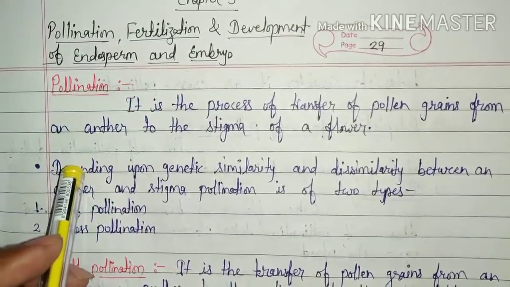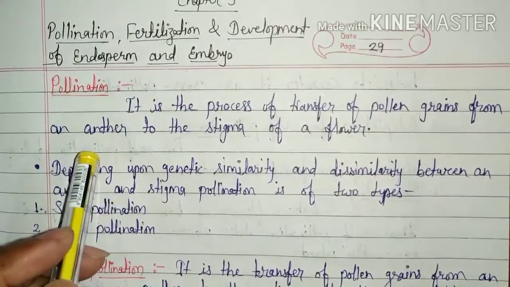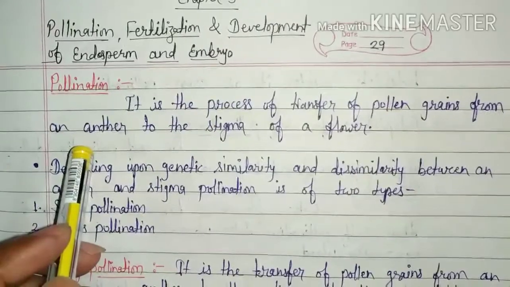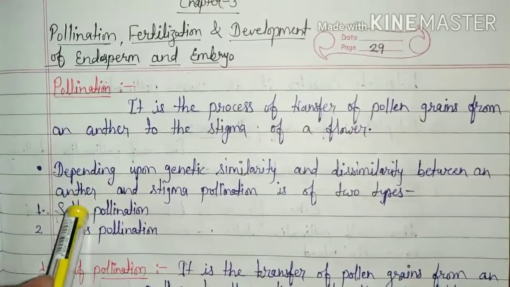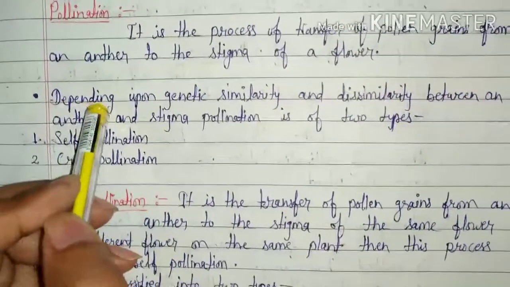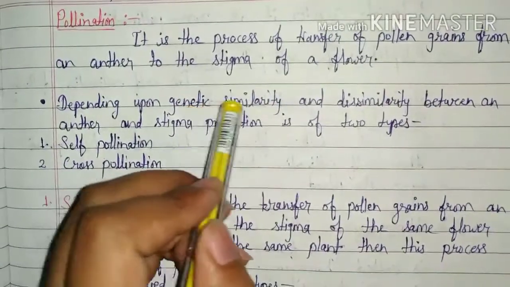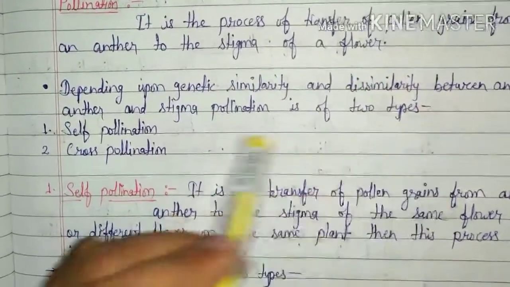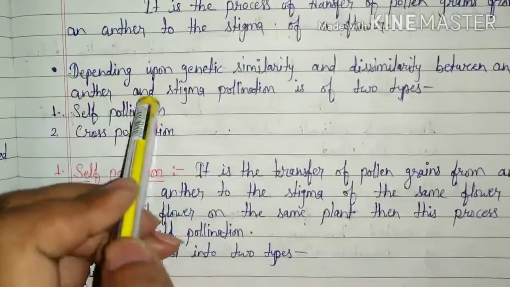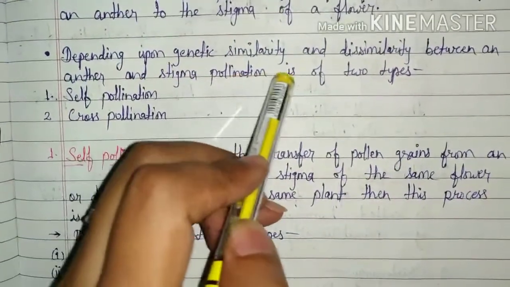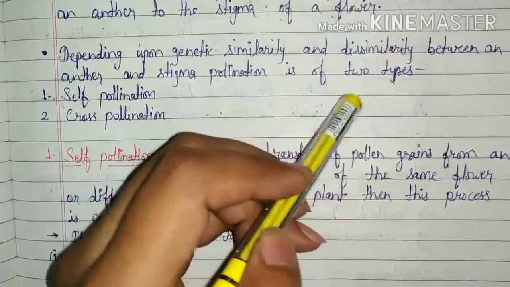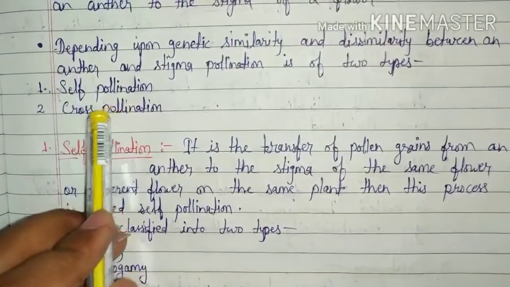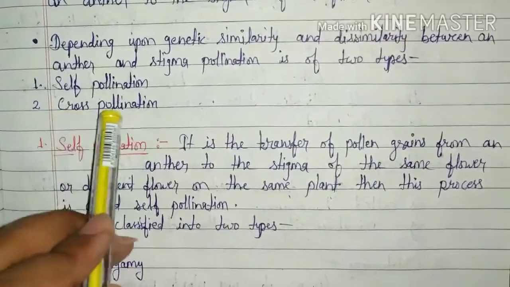For pollination, release of pollen grains from the pollen sac is a must. So, depending upon genetic similarity and dissimilarity between an anther and stigma, pollination is of two types. First, self-pollination and second, cross-pollination.